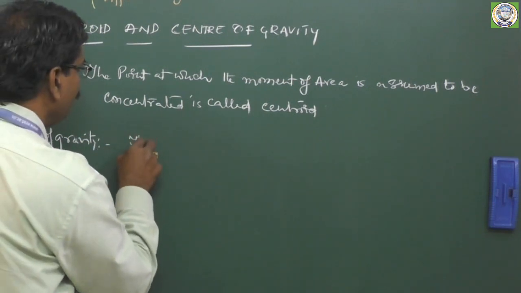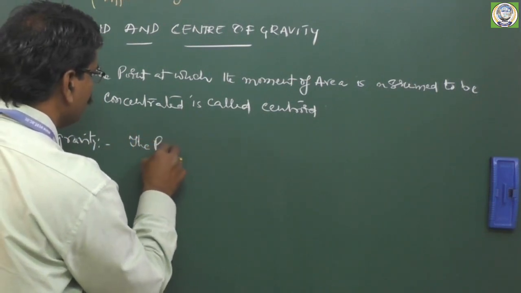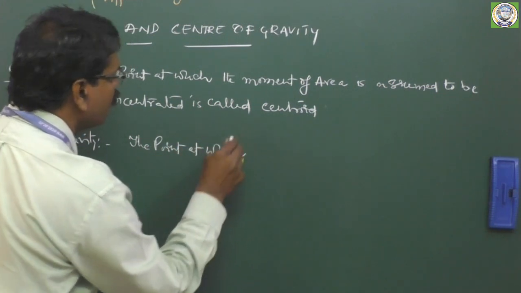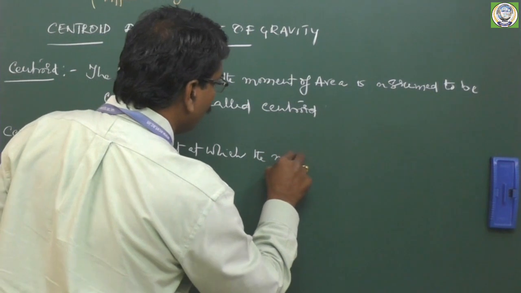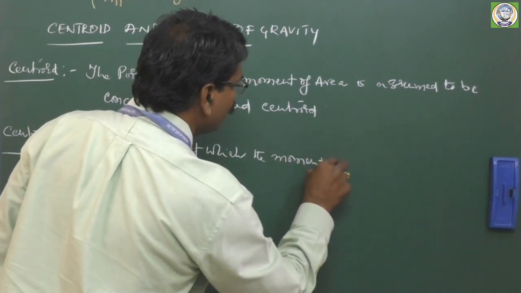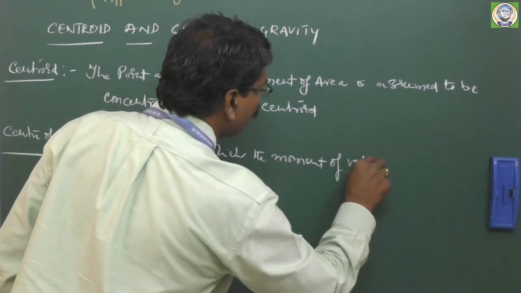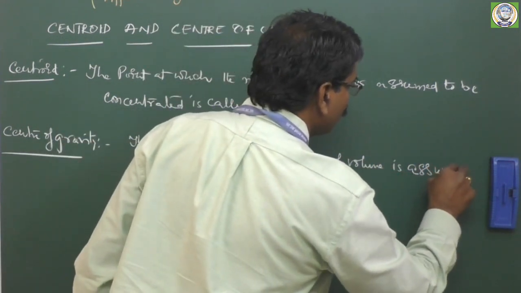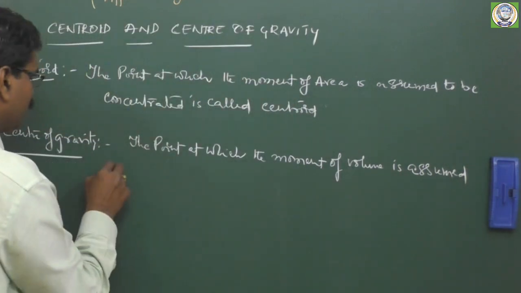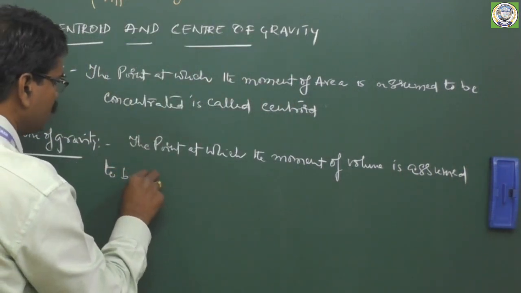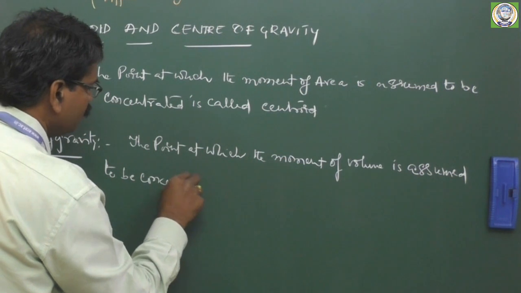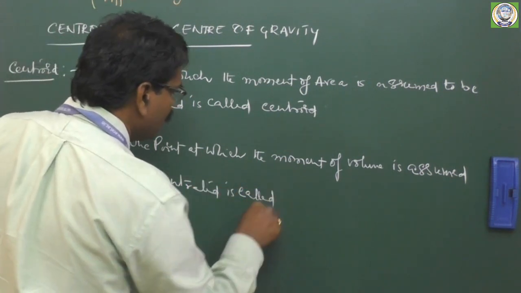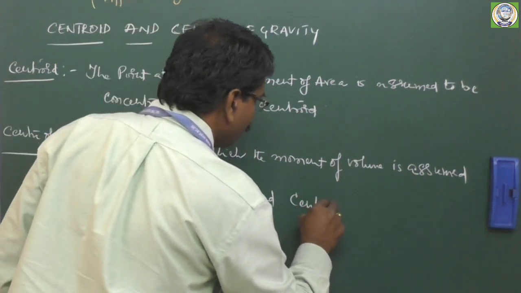The point at which the moment of volume is assumed to be concentrated is called center of gravity.